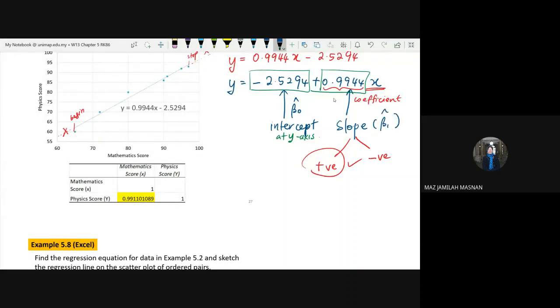What else should you know is that 1 unit change in x, 1 unit change in x.